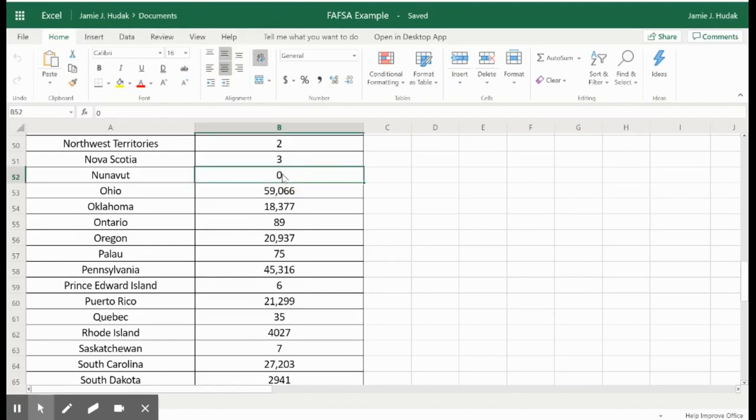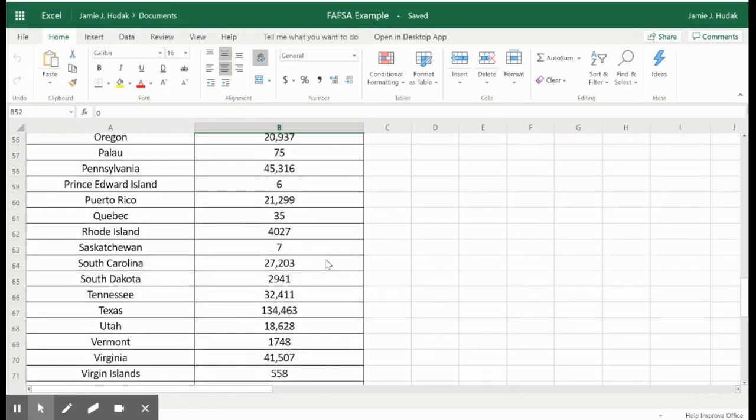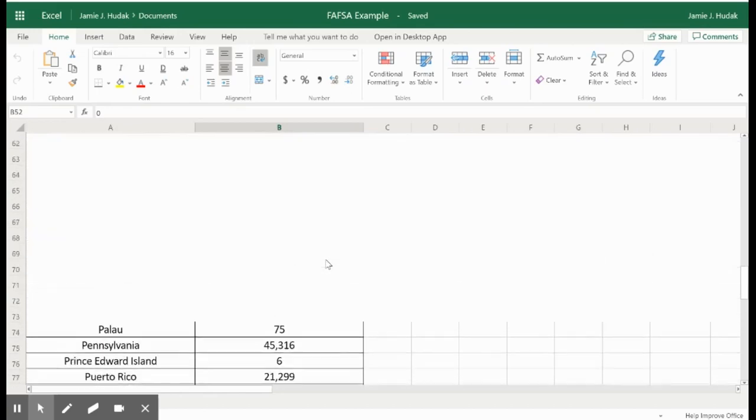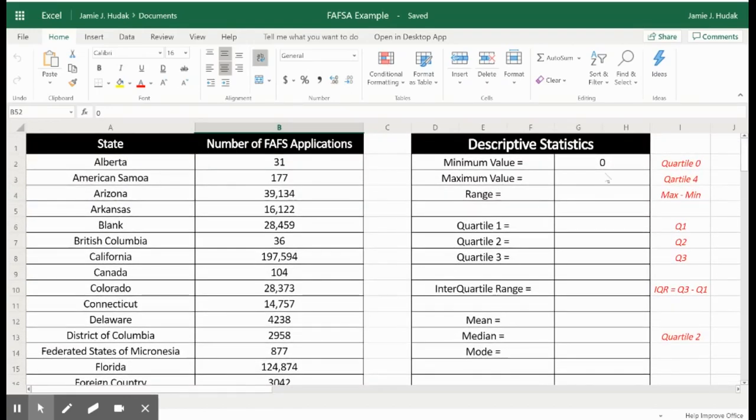So I found a 0 here, so that's going to be our minimum. And then someplace in here is our maximum. So we see that 0 is the minimum. Up here in the formula bar, you see quartile, the data, and 0 to find minimum. We're going to do that now.